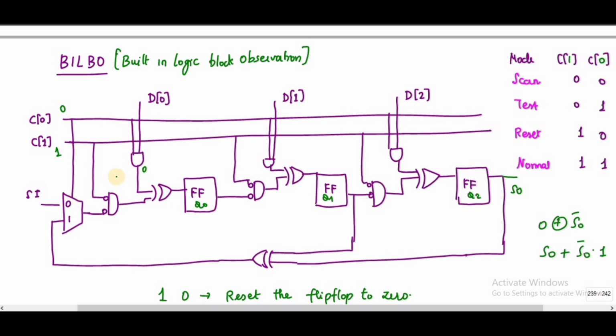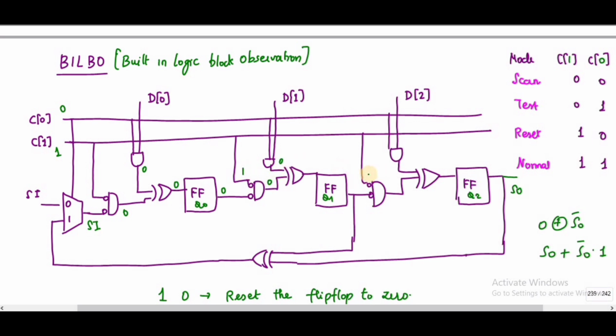Okay, this will be 0, and whatever the value that I am giving, for 0 the SI value gets selected. Okay, so if it is 1, then this is also 0, so this will go to 0, so my output also goes to 0, and you can see this value is 1, so the input value also goes to 0.